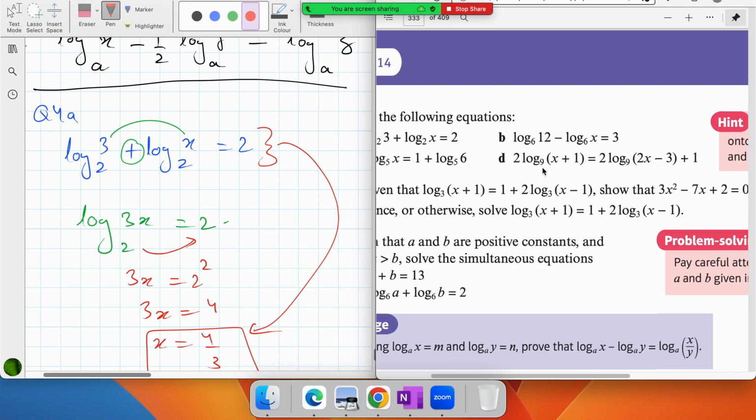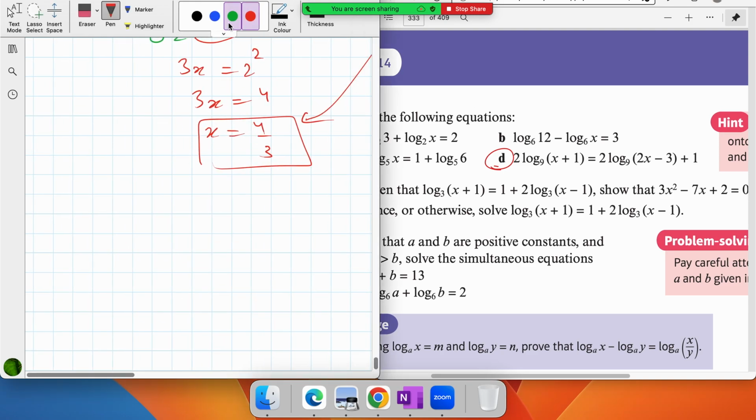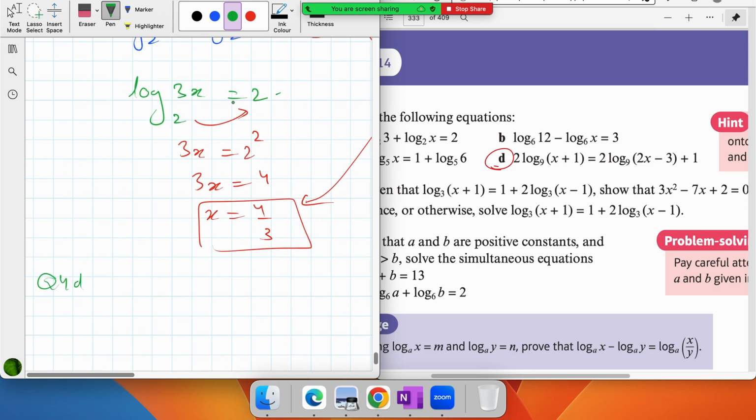Let's see this 4D. Base stays as the base. The number on the opposite side becomes the power.